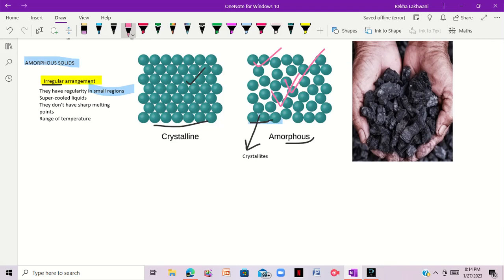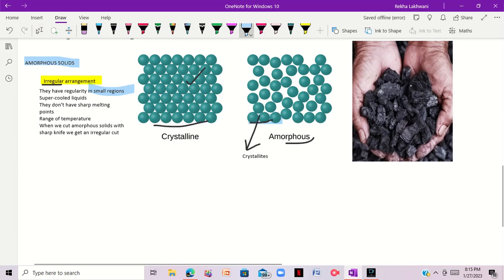Whenever we cut an amorphous solid with a sharp knife, we get an irregular edge, or you can say an irregular cut.